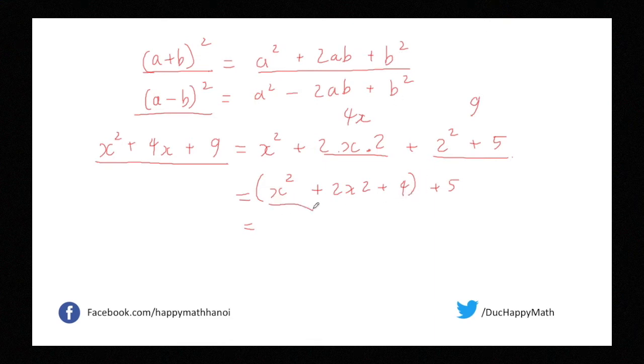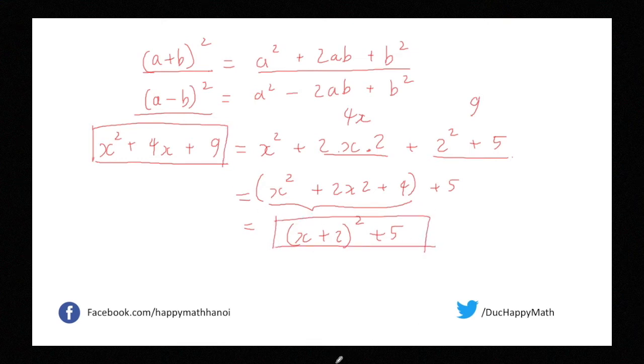So the first three terms of this expression we can shorten to (x plus 2) squared, plus 5 outside. So with this technique, you change the original expression into a new form, where one part has to be a sum square or a subtraction square. Like this, we call this technique completing the square.